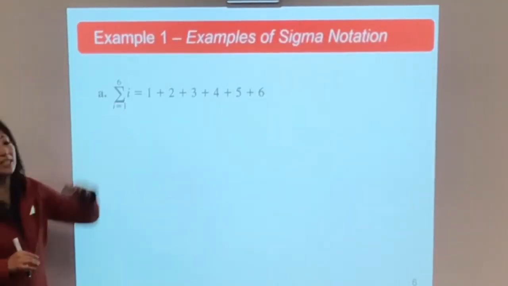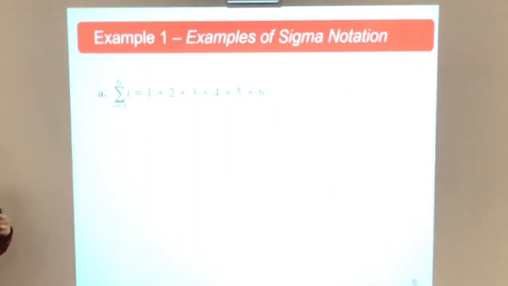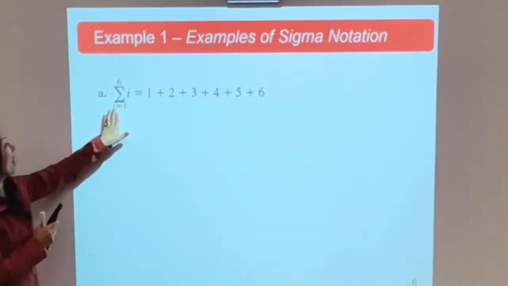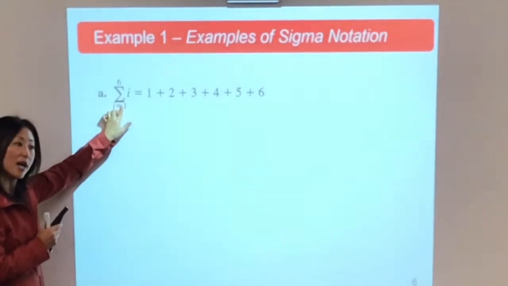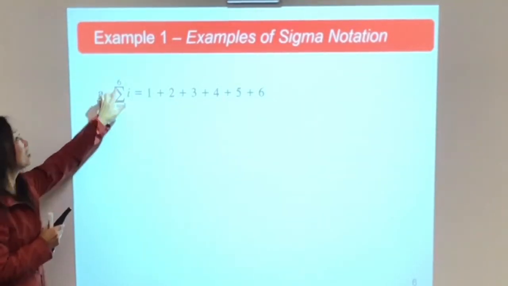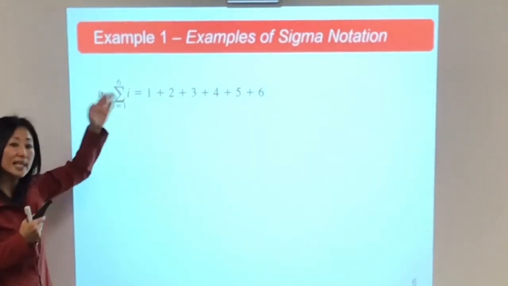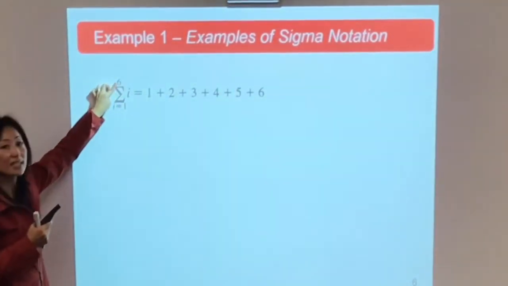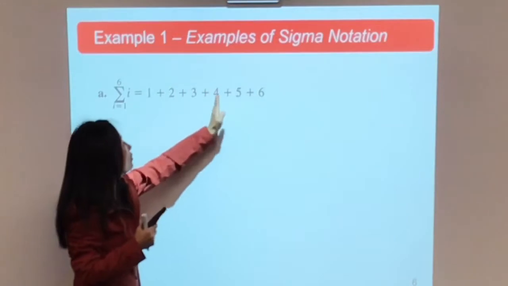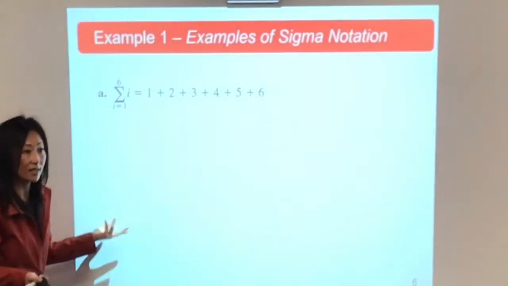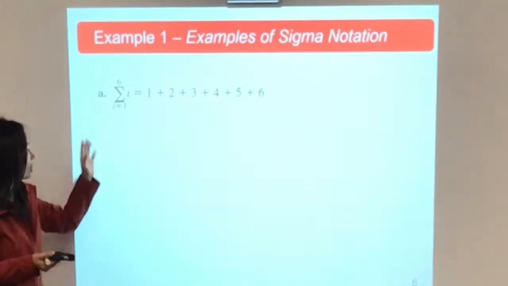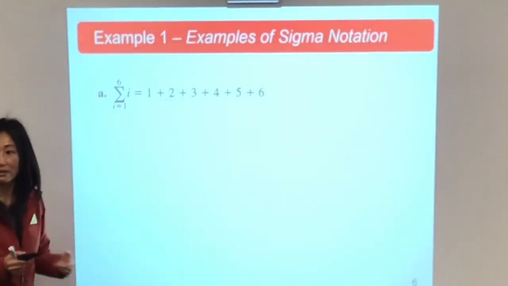If I give you this example, it's saying my number starts at which one? 1. Where does it end? 6. So how many terms am I going to have? 6 terms because it ends at 6. So 1, 2, 3, 4, 5, 6, and I'm done. You add them together, whatever the number is, that's your answer.